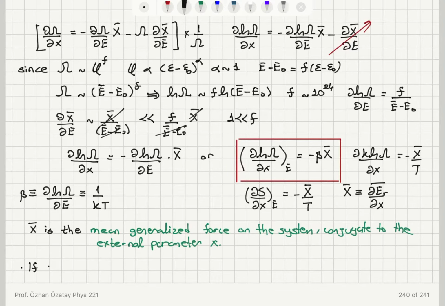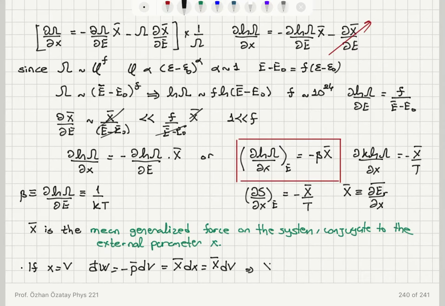If the external parameter of interest is the volume V, the work done on the system for a quasi-static process will be minus P bar dV, as we have shown for a gas, and this is equal to the mean generalized force X bar dx. So this is X bar times dV.